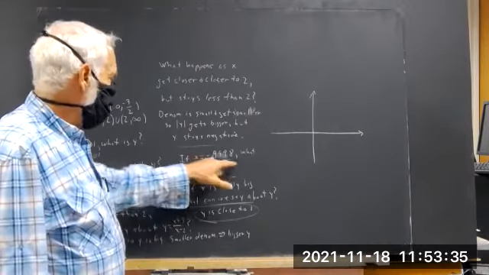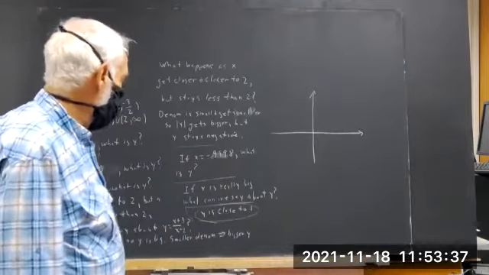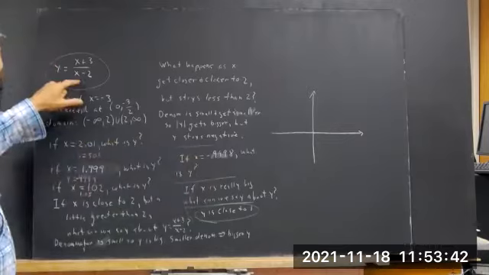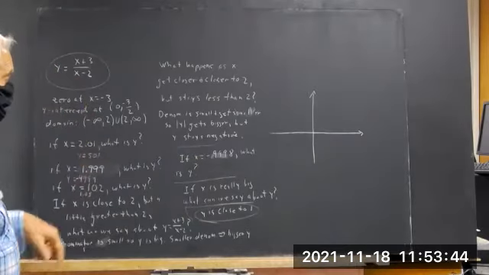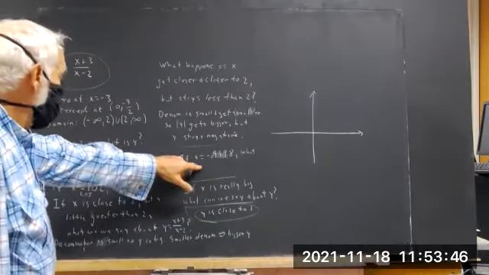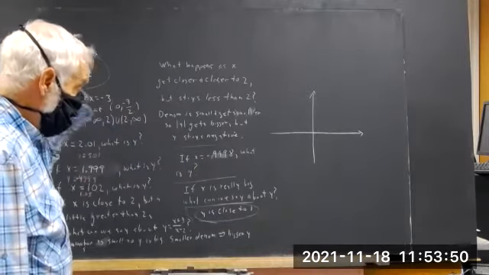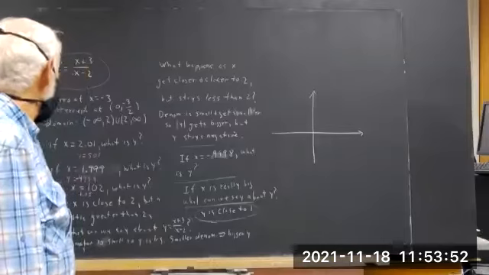X is negative 9,998. Well, negative 9,998 minus 2 is negative 10,000. And you divide. Negative 9,998 plus 3 is negative 9,995.